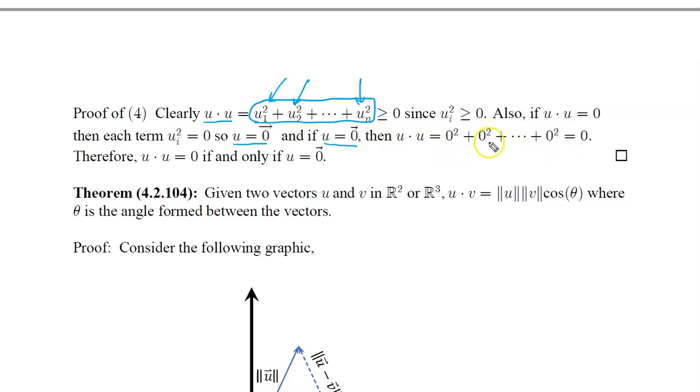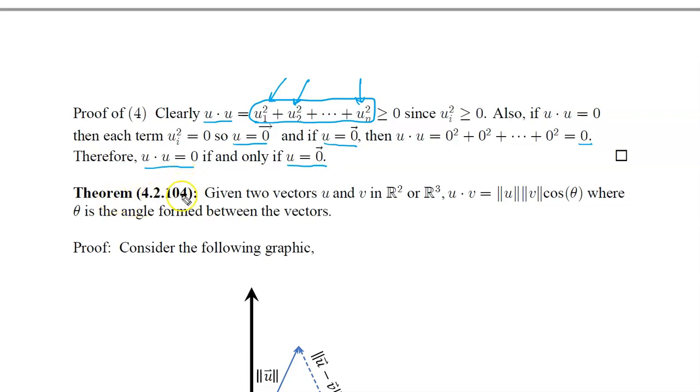And so you get u dot u being 0. So therefore, u dot u is 0 if and only if u is the 0 vector. That's what we've argued up here. We've argued that if this holds, then u is the 0 vector, and if u is the 0 vector, then u dot u is 0.